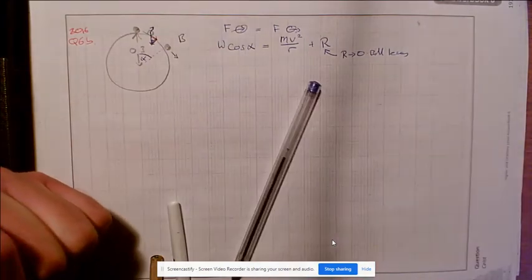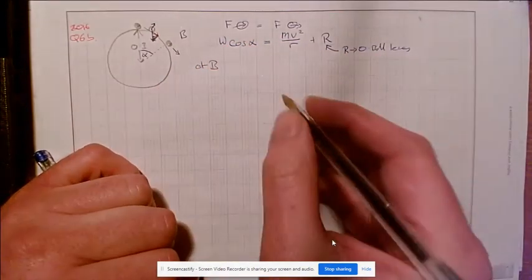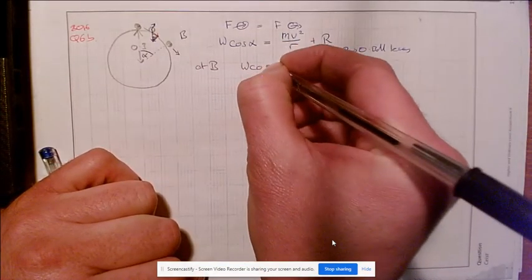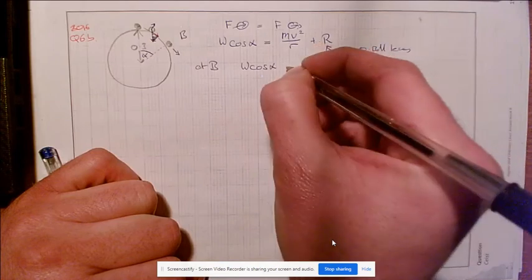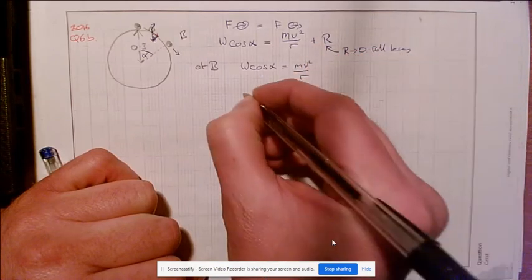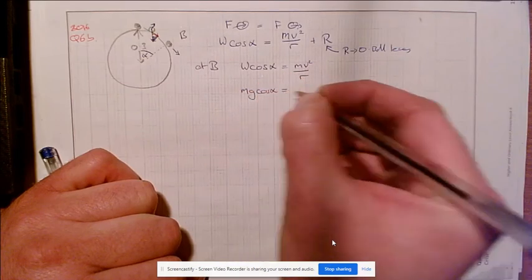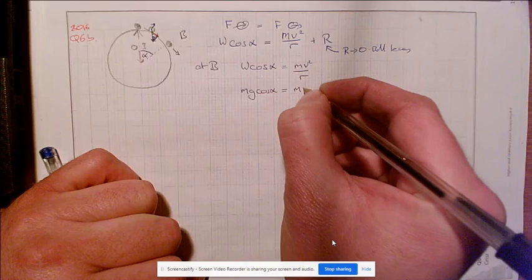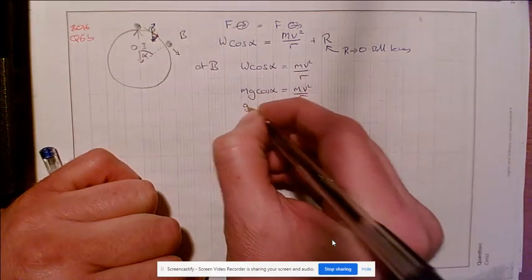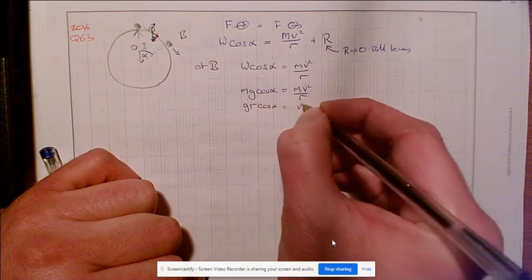So at B, W cos alpha is equal to mv squared over r, or maybe I should go mg cos alpha is equal to mv squared over r, which means that g r cos alpha is equal to v squared.